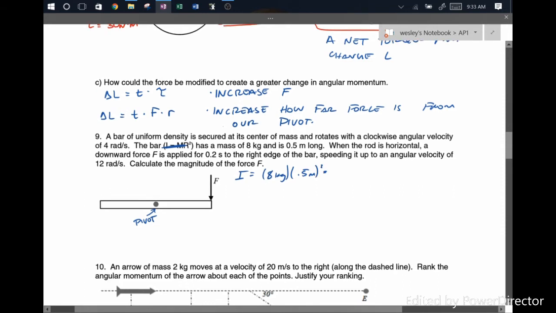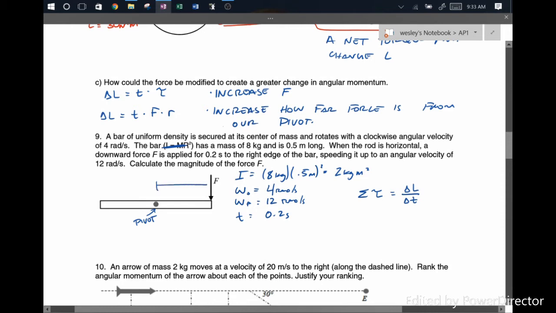So the rotational inertia of this thing comes out to be 2 kilogram meters squared. Omega 0 is 4 radians per second. Omega final is 12 radians per second. And the time that the force is in contact with the bar is 0.2 seconds. So the thing that puts everything together is net torque is equal to change in angular momentum over the change in time.